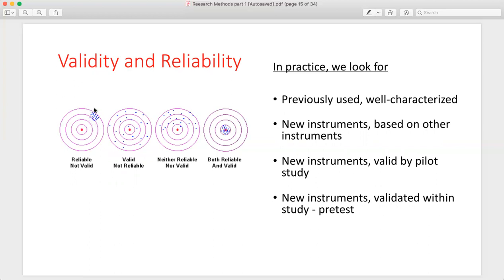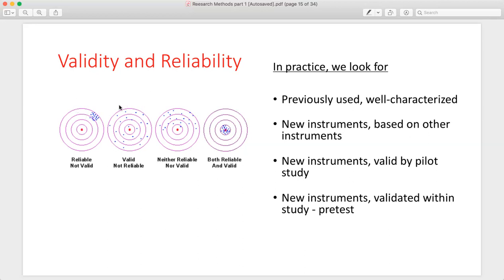That means every time we measure our variable, we measure the same thing or around the same thing. So this is reliable. That means our instrument is able to measure the same thing over and over again. But this is not valid because what we want to measure is the red dot, but what we are measuring is something far off from the red dot. So our instrument is not valid but is reliable.